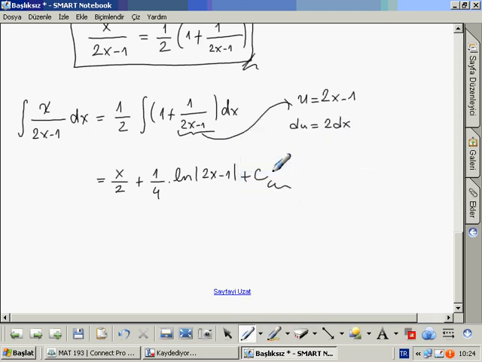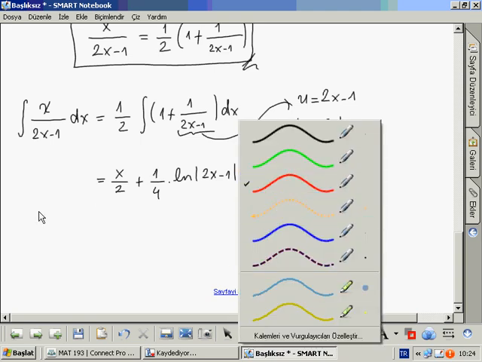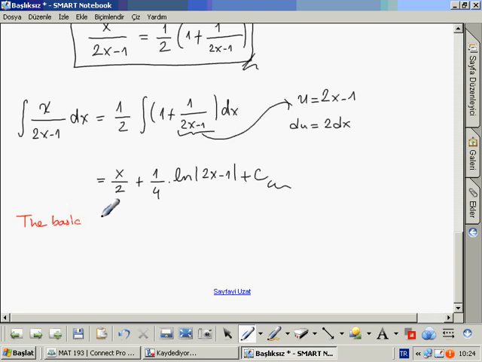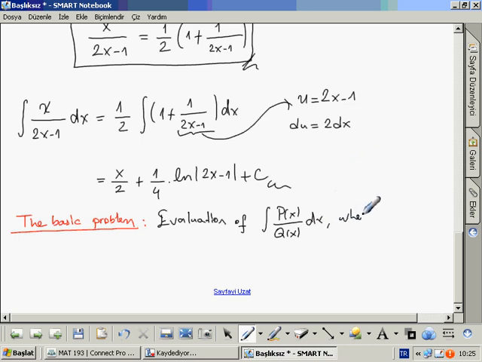And of course we have just seen the case where the numerator's degree is larger than the denominator's, or where the numerator's degree equals the denominator's. Now the basic problem: evaluation of the integral of p of x over q of x dx, where the degree of p of x is less than the degree of q of x.